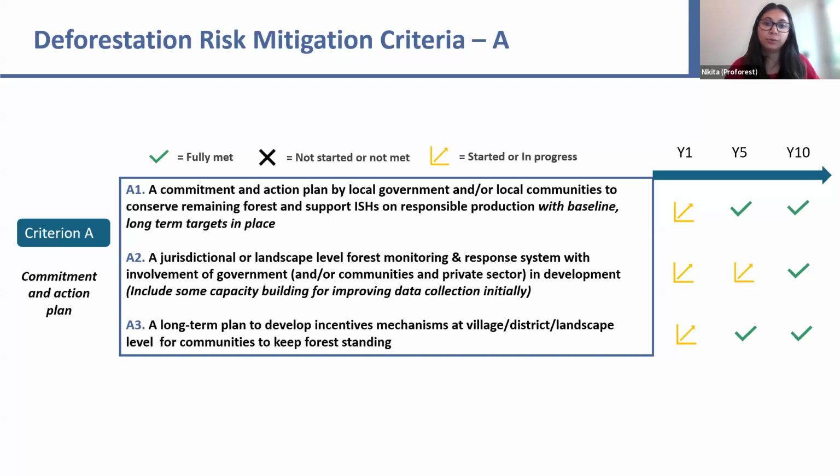And as I had mentioned before as well, the criteria is more about reporting on progress and not just yes or no. So the landscape initiative would have to identify which year it would fall under and then meet the requirements of that year as set out in the criteria. There's more detailed guidance available as well to support the landscape initiatives reporting on this.